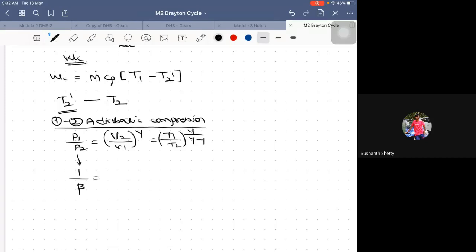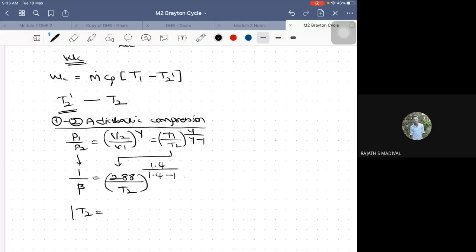That is equal to T1 value, how much? T1 value is 288, divided by T2 whole to the power of gamma, 1.4 for compression, 1.4 minus 1. From this, the value of T2 is how much? In Kelvin.